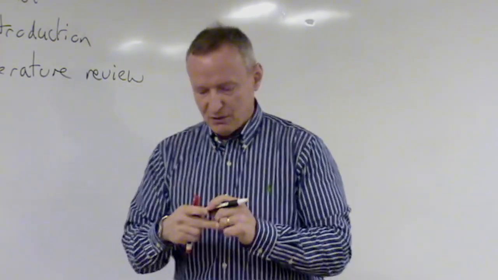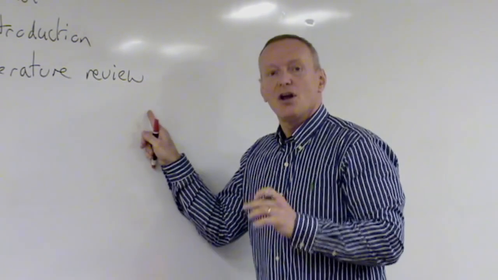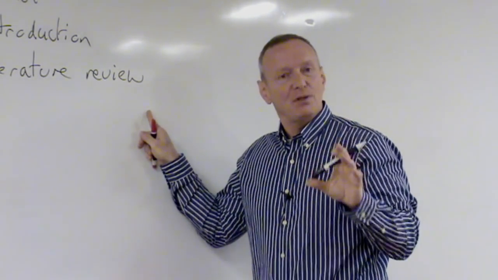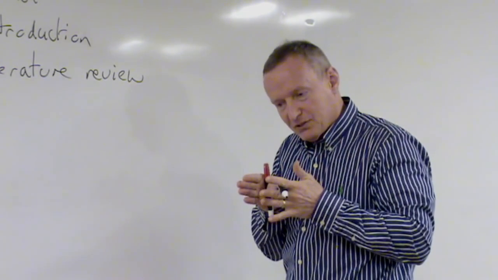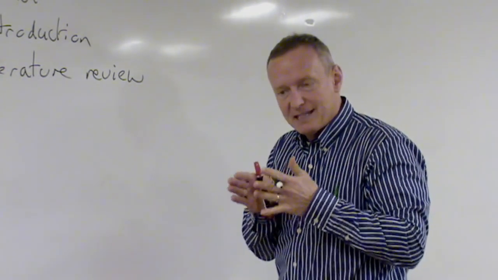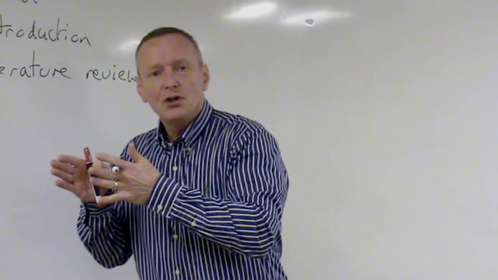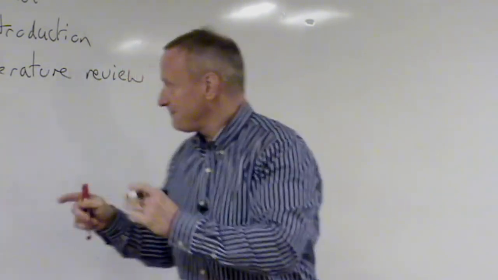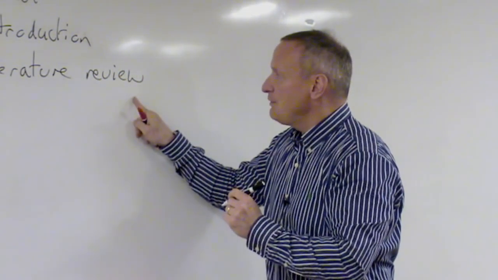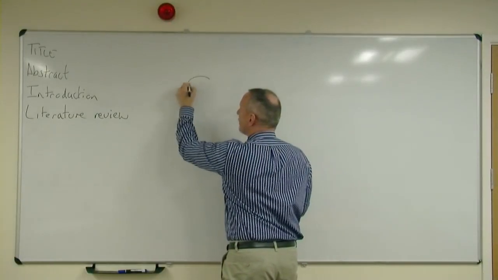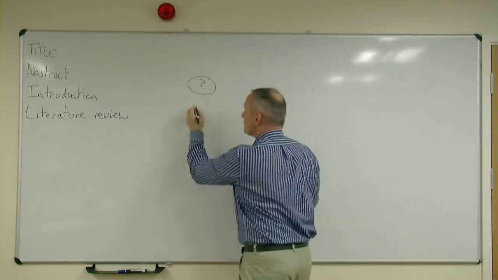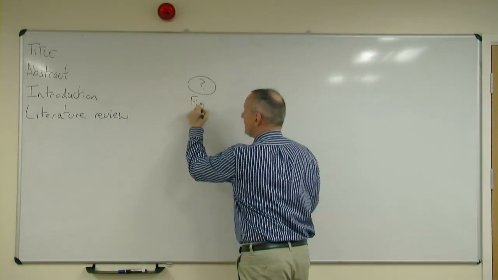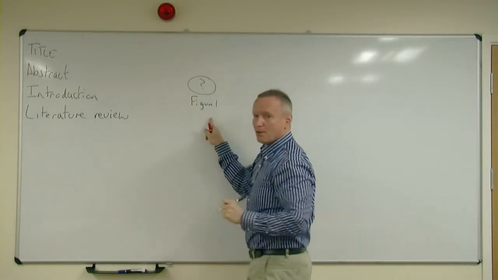So what I recommend students do is create diagrams throughout your thesis. Once again, this will help signpost your assessors and the external examiner on what your thought process is. So for the literature review, you'll create a diagram. You will have your question in the middle, and this will be figure 1.